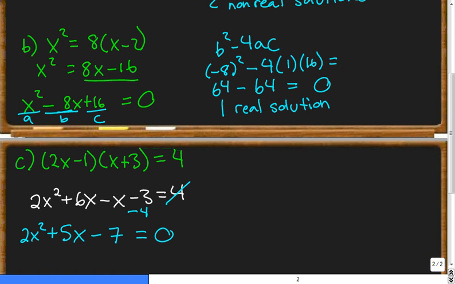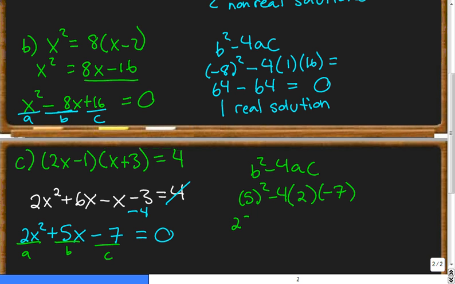So we have our a, we have our b, and we have our c. So remember, b squared minus 4ac. We're going to have 5 squared. Okay, sorry. We have our b squared minus 4 times a, which is 2, times c, which is negative 7.